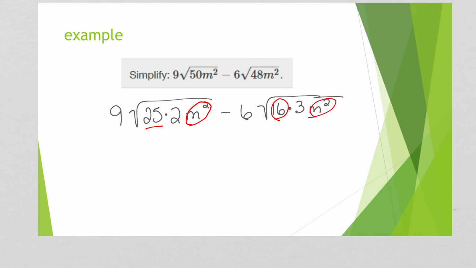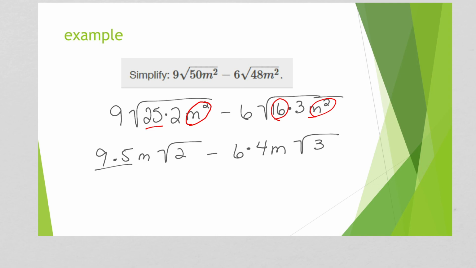Okay, so what we have left over is 9 times 5m on the outside, square roots of 2, minus 6 times 4m, and what's left over is 3.